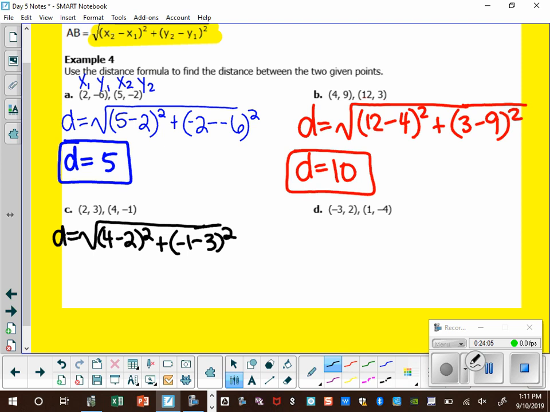Did you guys get that? What did you get for your answer? 4.5. Okay, that works. I got 4.47. I just rounded a little differently. If you got 4.5, that's okay too.